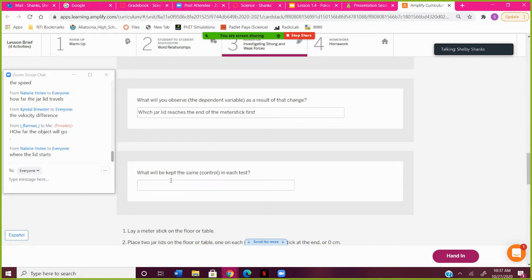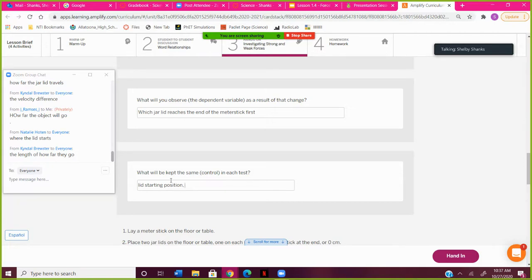Okay, so where the lid starts, I'm just going to put, because I don't have very many, I can't put too many letters in this, I'm going to say lid starting position. Kendall, yes and no. So the length of how far they go, you could say something about the meter stick.